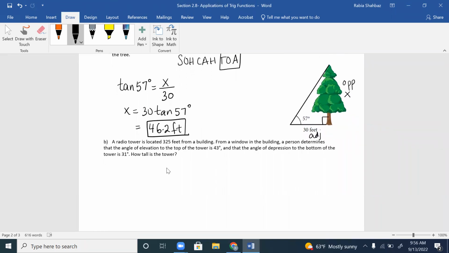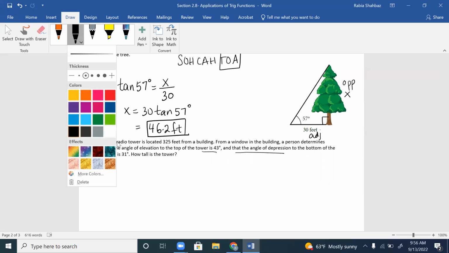Okay, let's look at B. A radio tower is located 325 feet from a building. From a window in the building, a person determines that the angle of elevation to the top of the tower is 43 degrees and the angle of depression to the bottom of the tower is 31 degrees. How tall is the tower?